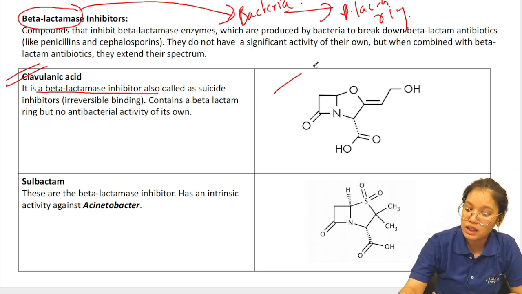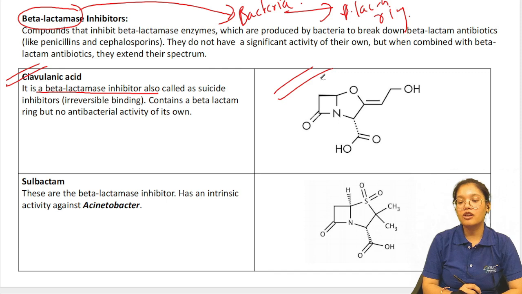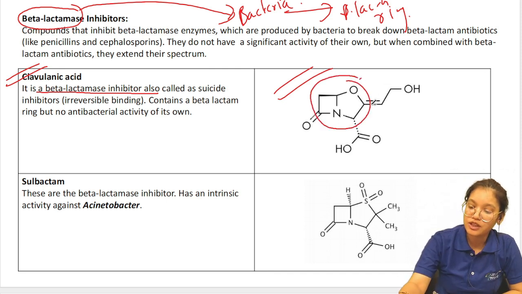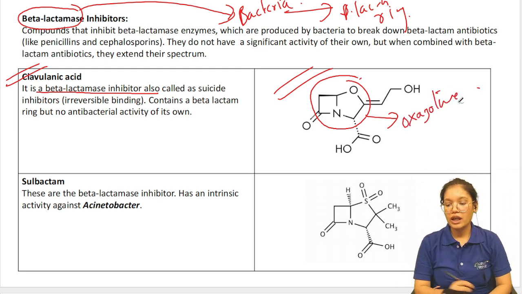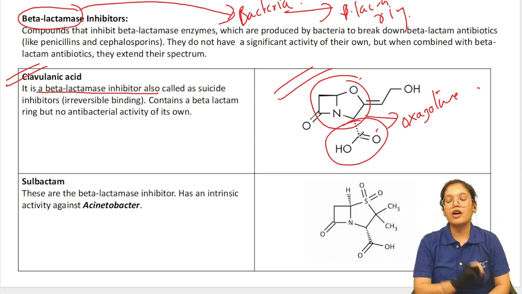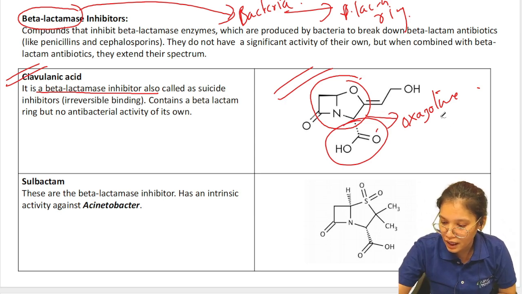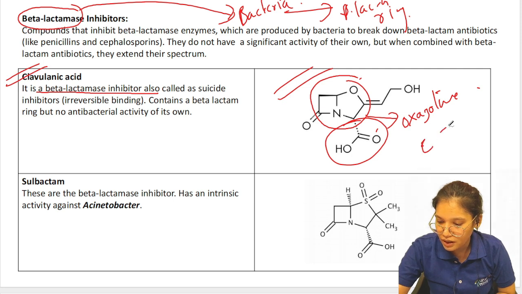Now here is the structure of clavulanic acid. Here we have a beta-lactam ring that is joined with a ring. Here again we have a carboxylic acid attached, and at the side chain we have a ring attached with a double bond and COH.